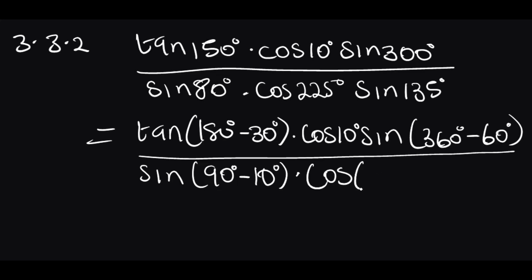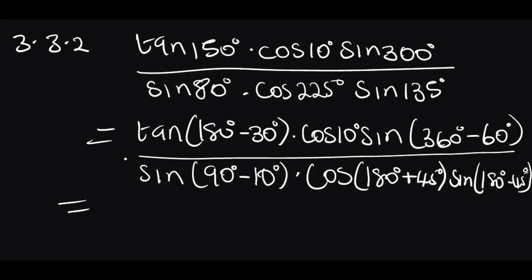Cos 225 can be written as cos of 180 degrees plus 45 degrees. Then sine 135 can be written as sine of 180 minus 45 degrees.